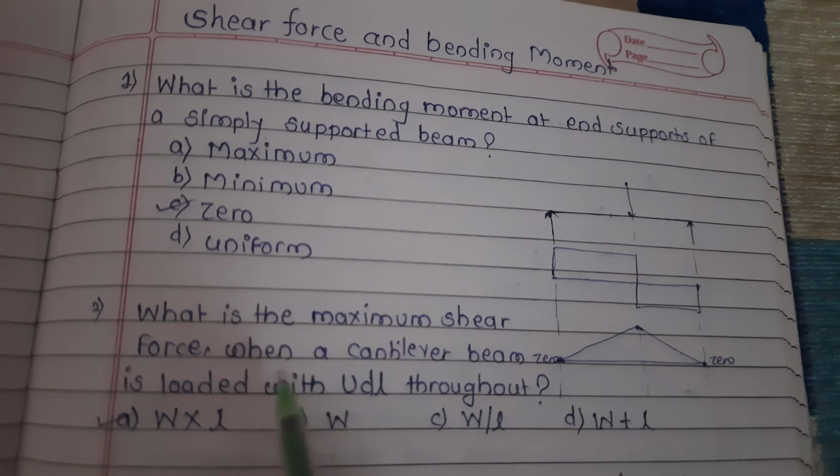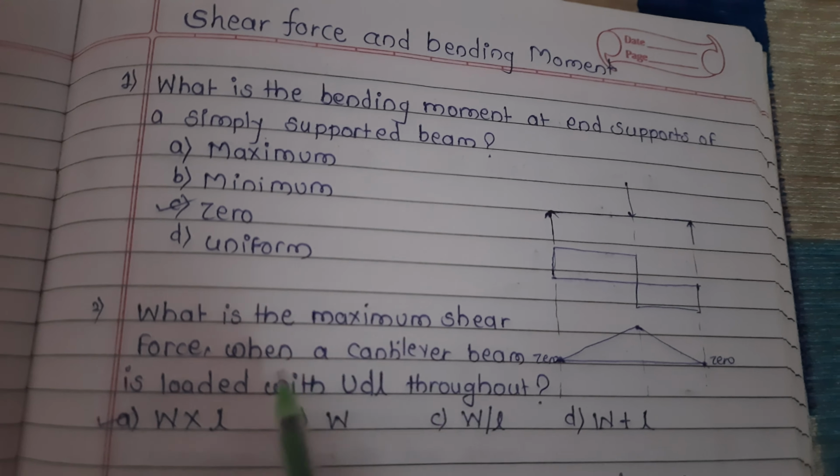At the center, the bending moment will be the moment of these two reactions. What will that be? W by 2 into L by 2. If we consider only the left side of this section, then positive W by 2 into L by 2 is equal to W into L by 4. That is the answer.